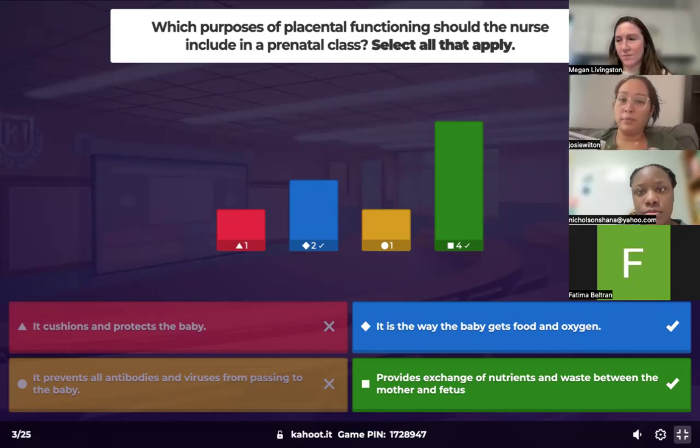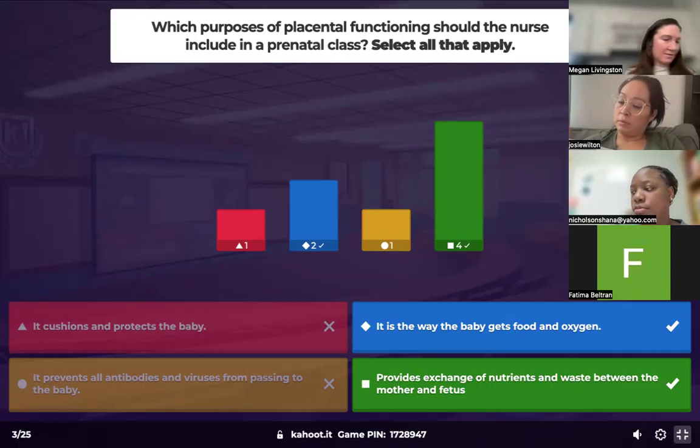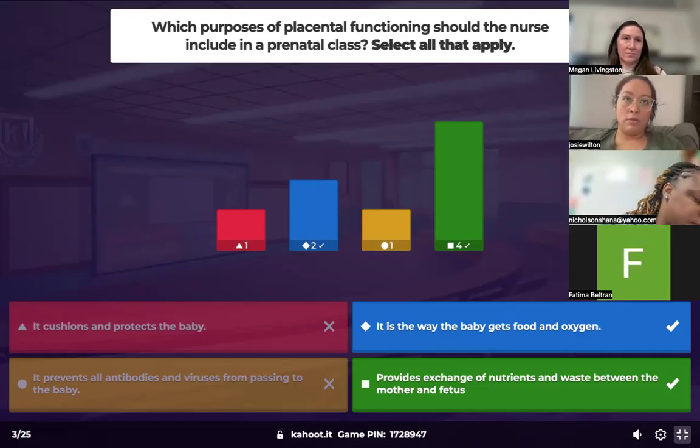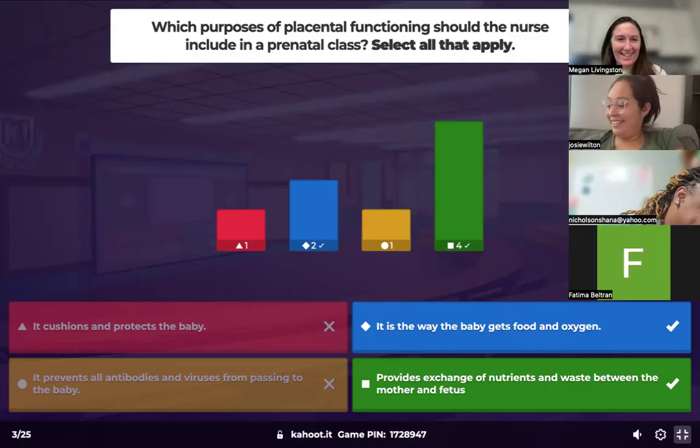Yes, know the blood flow from mom to baby and baby to mom, where oxygenated blood goes to and from, and what carries deoxygenated blood away. And how many veins and arteries are there in the umbilical cord? Two veins, one artery. Yes. Good job.